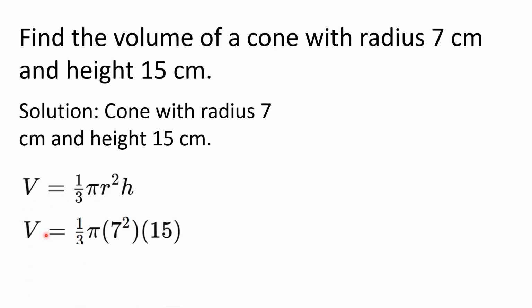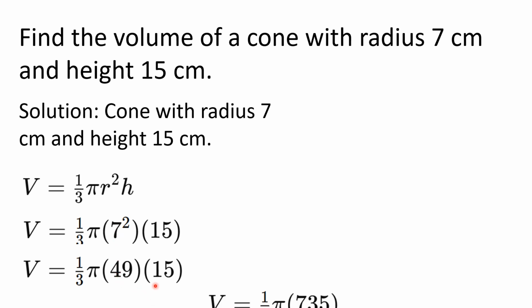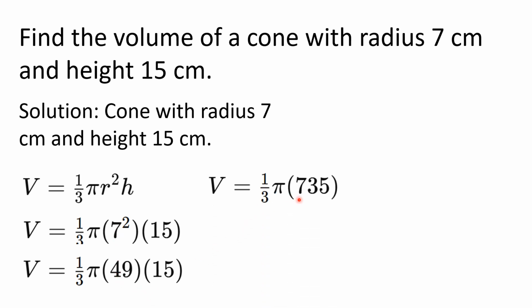Substitute r squared, which is 7 times 7, and the height, which is 15. V is equal to 1/3 times pi times 49 times 15. That is 735. After that, multiply 1/3 times 735. So we came up with 245 pi cubic centimeters.